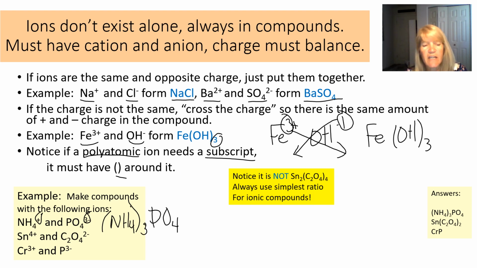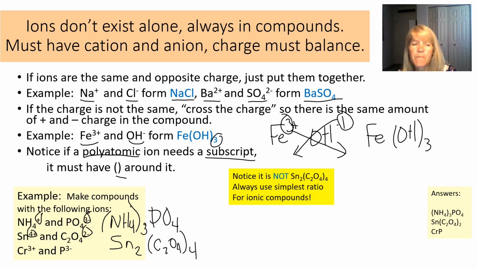All right, the next one, Sn 4+ and C2O4 2-, do they have the same charge? Nope. So let's cross them. So Sn is going to get the 2, C2O4, the oxalate, is going to get a 4. Just crossing the charge. The 2 goes down here, the 4 goes down here.